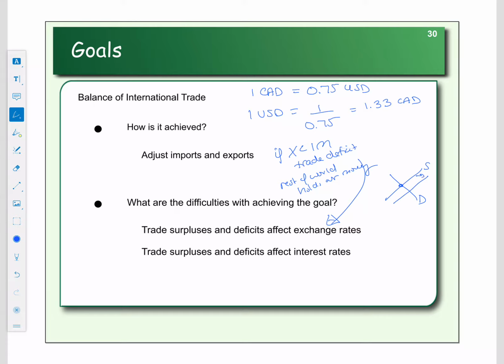There's a lot of supply of Canadian dollars out in the rest of the world. And anytime you have an increase in supply, what does that do to the price? Makes it go down. Well, in this case, it's the value of the Canadian dollar. It's going to make the Canadian dollar go down in value because there's a lot of Canadian money out there in the rest of the world.